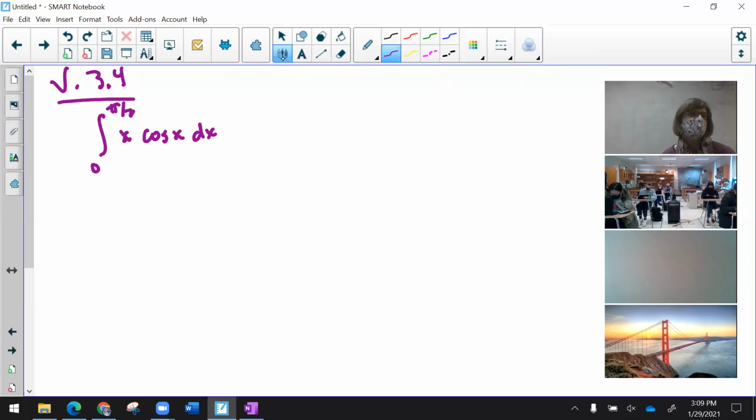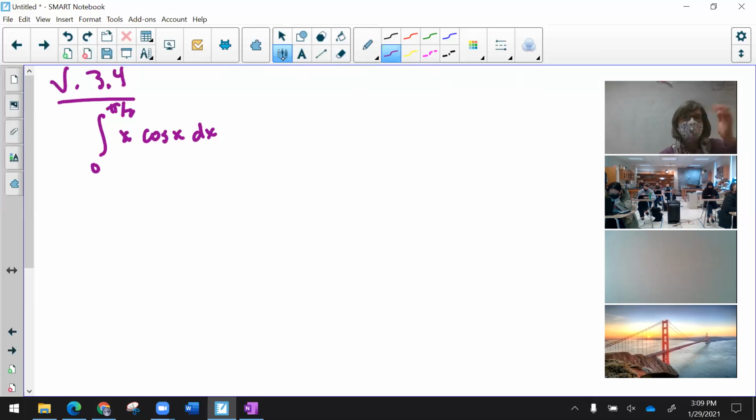What's the first thing you ask yourself? Can I solve it by inspection? Not really. How about u substitution? Nope. My only option is really u equals x, and that's just going to be rewriting it. It's not going to make it simpler, which is our goal. So that leaves me with parts.